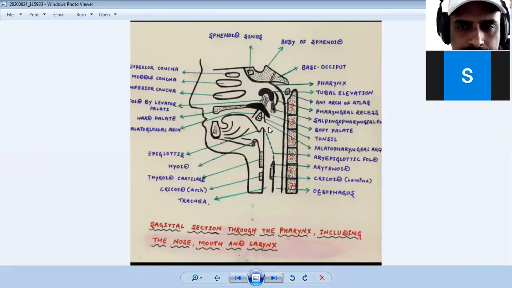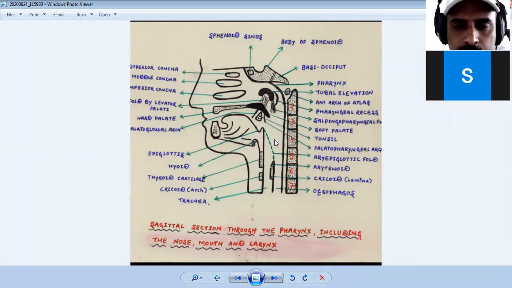Then the pharynx is related on each side to the styloid process, and on each side we have the carotid sheath structures like the common carotid, internal carotid, external carotid, and we have the internal jugular vein and vagus nerve. All these are related to the pharynx on each side.